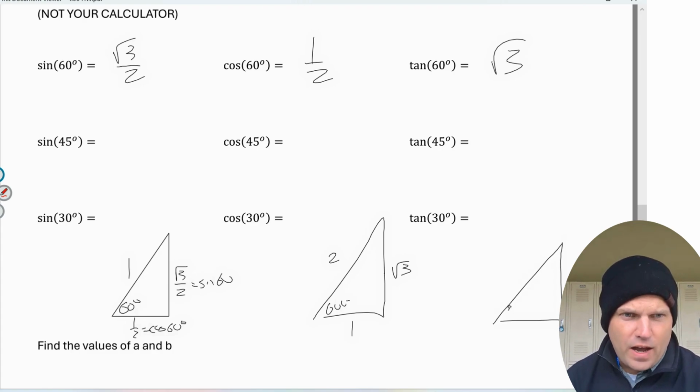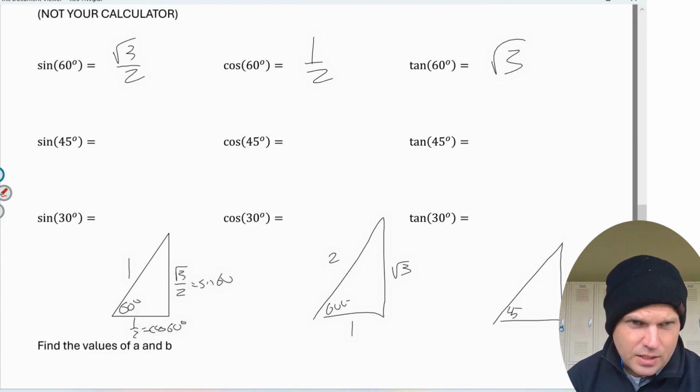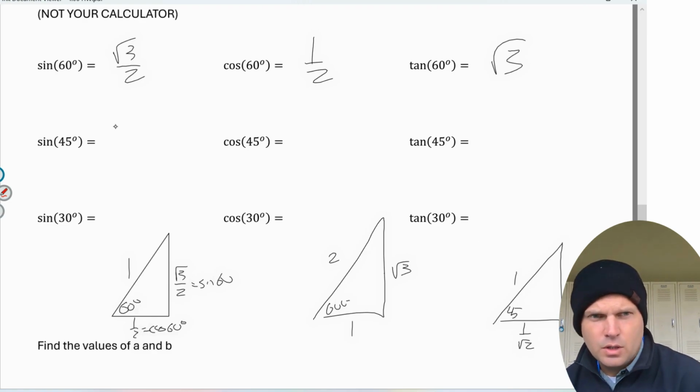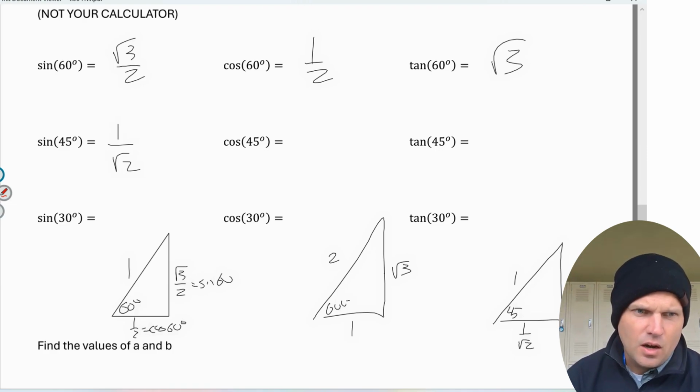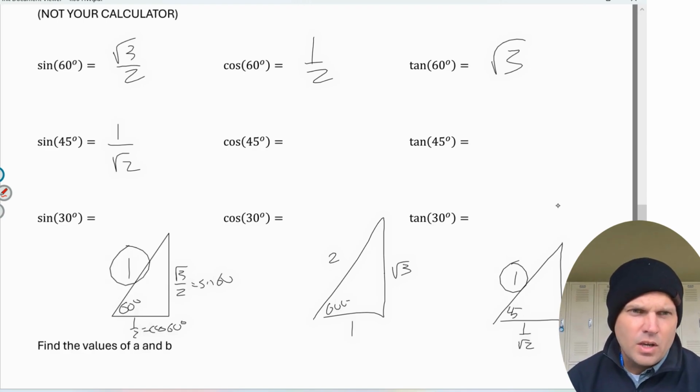What's the sine of 45? Well, the sine of 45 would be the opposite over the hypotenuse. The opposite is 1 over root 2. Hypotenuse is 1. Opposite over hypotenuse. This is the sine of 45 if we're talking about a triangle with a hypotenuse of 1.